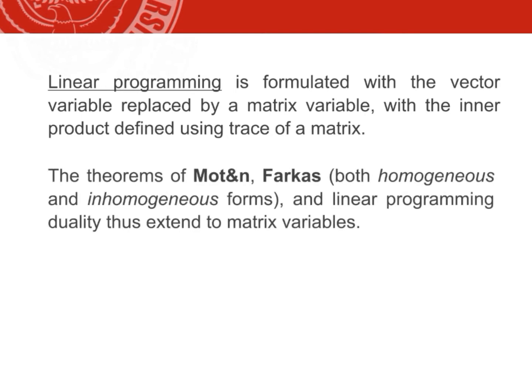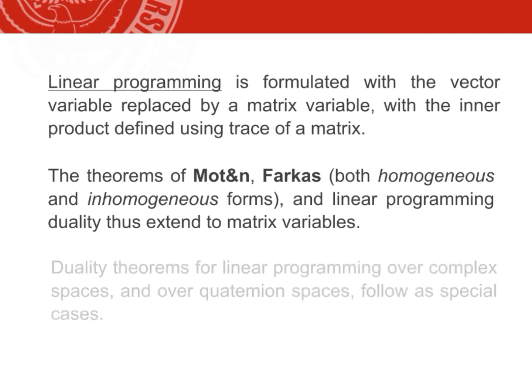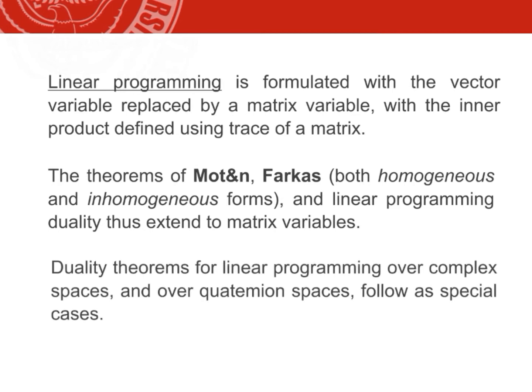The theorems of Motzkin and Farkas, both homogeneous and inhomogeneous forms, and linear programming duality thus extend to matrix variables. Duality theorems for linear programming over complex spaces and over quaternion spaces follow as special cases.